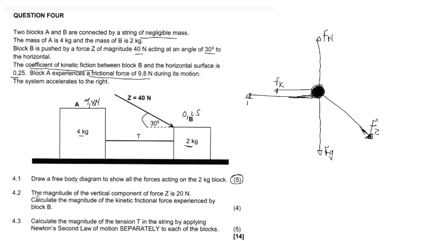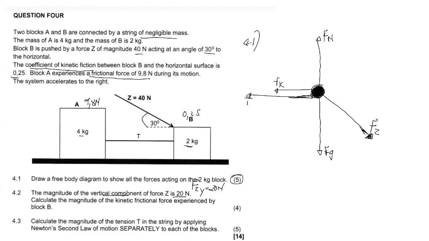Now 4.2 says the magnitude of the vertical component of force Z is 20 newtons. So let me indicate that this is 4.1. And then the magnitude of the vertical component of force Z is 20 newtons. So that means your Fz y, which is the vertical component of force Z, is actually 20 newtons.